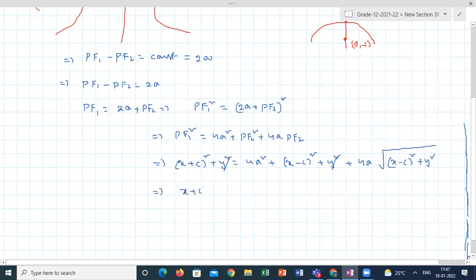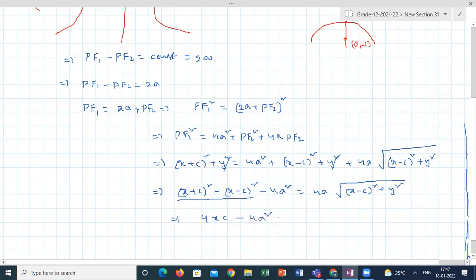From here, x plus c whole square minus x minus c whole square minus 4a square is equal to 4a under the root x minus c whole square plus y square. So a plus b whole square minus a minus b whole square is 4xc, correct? Any confusion?